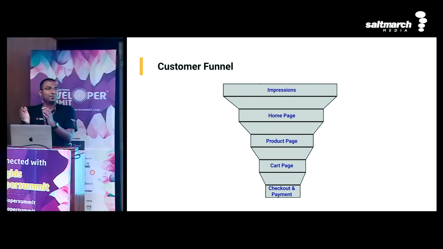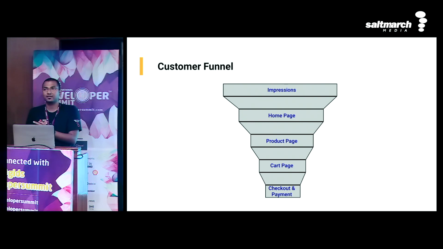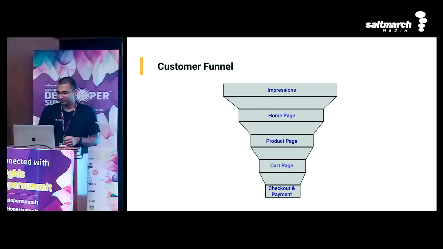And finally, they go for checkout and payment is done. And finally, it is a conversion. That's how it is typically done. You look at it as a funnel because at every stage users are churning out. There are people who came, didn't like the homepage, and churned out from there. They came to the homepage, didn't find a useful product, and churned out, and so on.